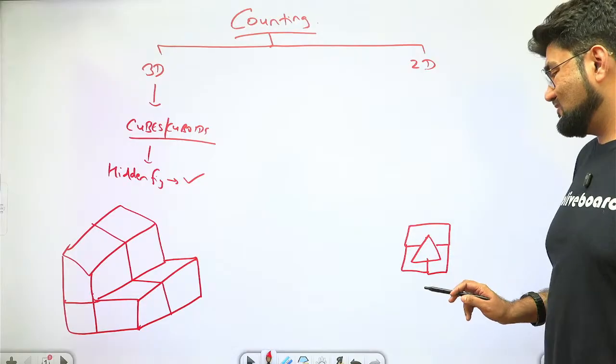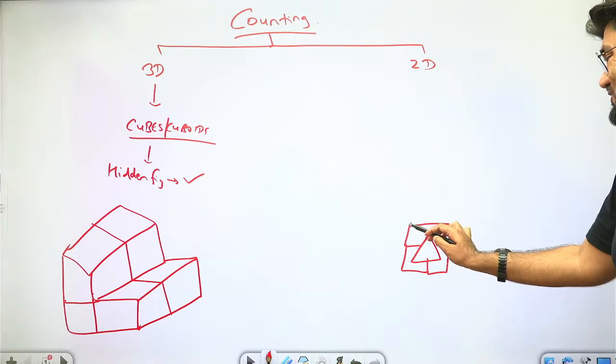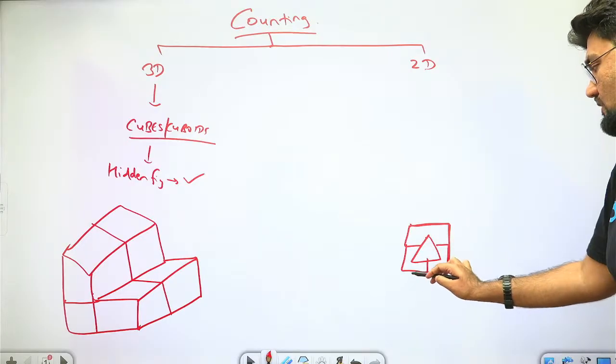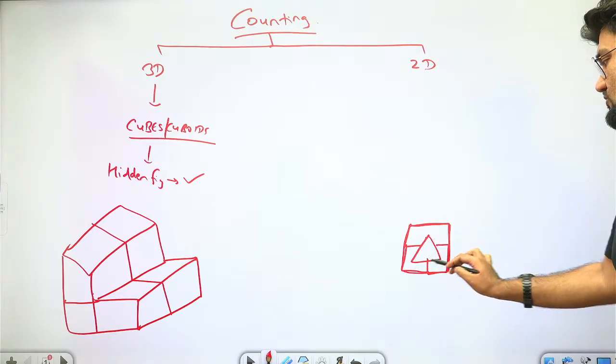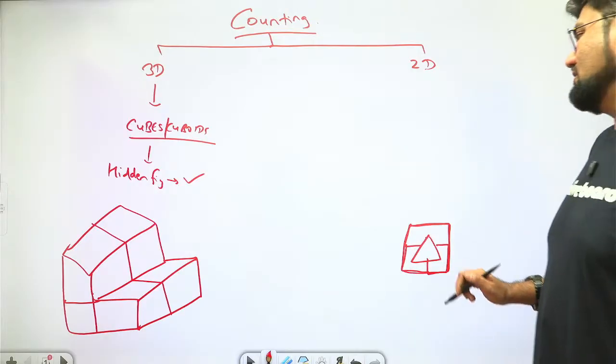If the question asks you how many squares are there, you will say only one square is there, which is this one, the main square here. You will not count these individual squares or rectangles. Why? Because they are hidden partially, so they are not valid counts.